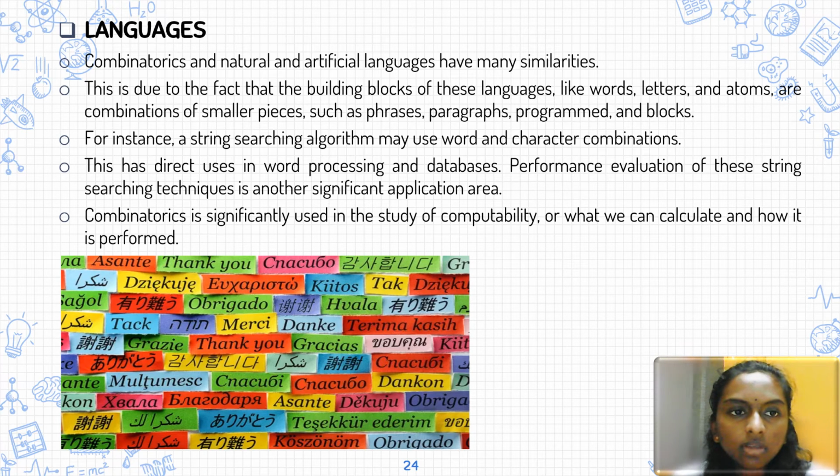For instance, a string searching algorithm may use word and character combinations. This has direct uses in word processing and databases. Performance evaluation of these string searching techniques is another significant application area. Combinatorics is significantly used in the study of computability, of what we can calculate and how it is performed.